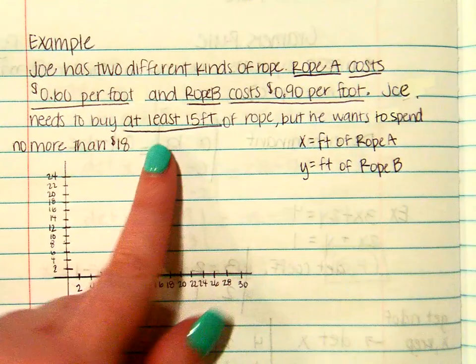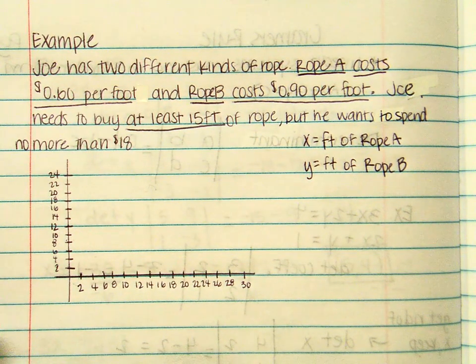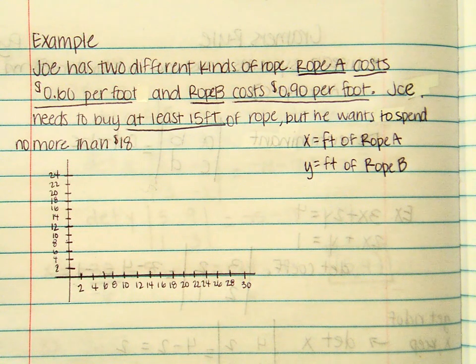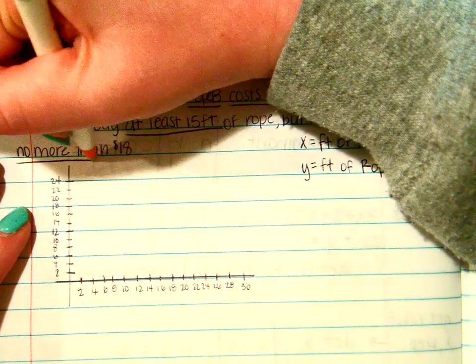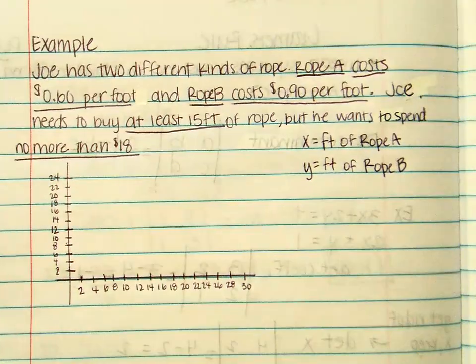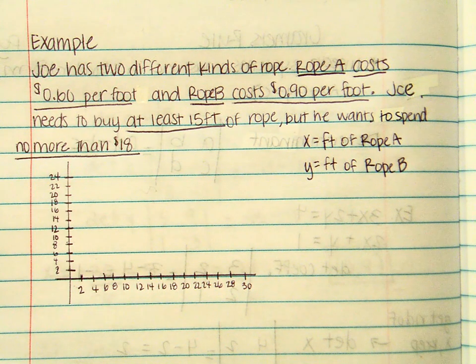So remember, at least means that he needs to buy 15 feet, but it is okay if he buys more. And then he wants to spend no more than $18. So no more than means that he wants to spend $18 and nothing more than $18. He can spend less, but not more.